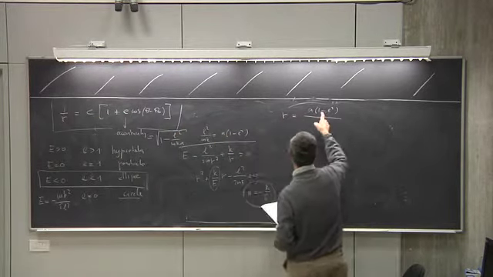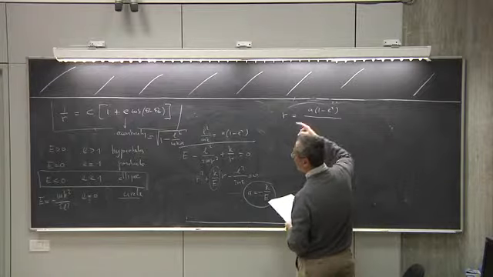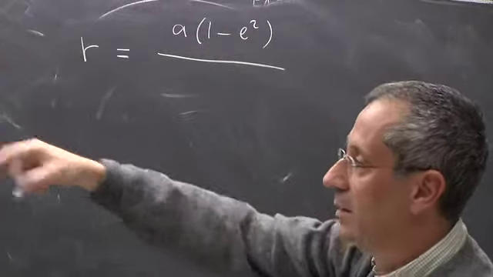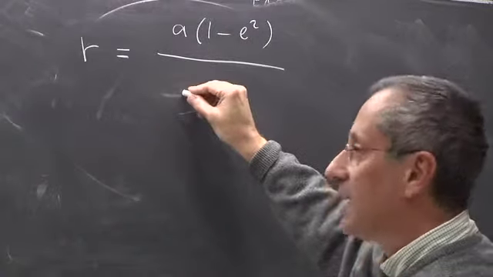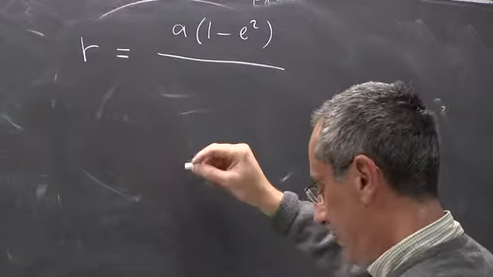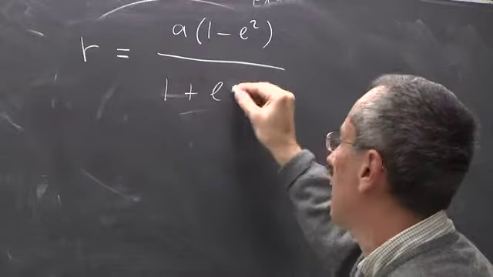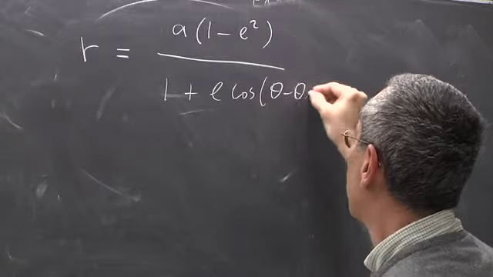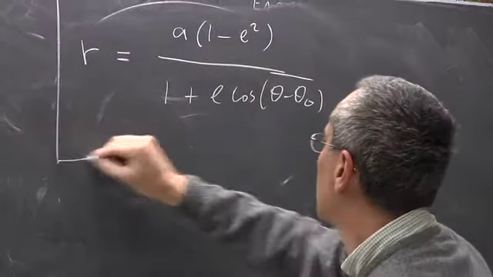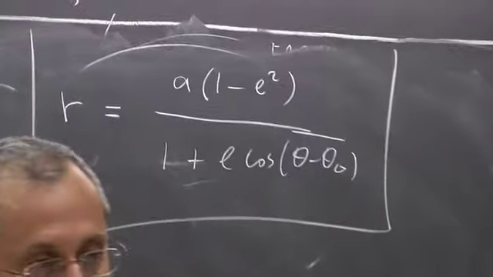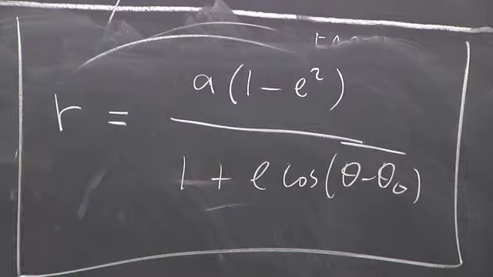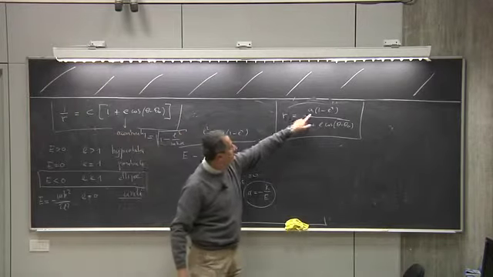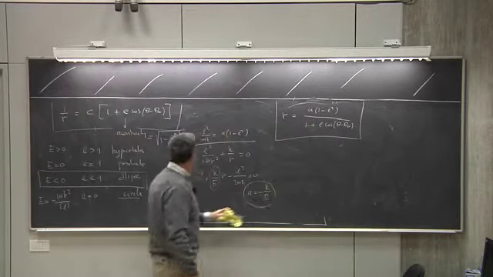So I rewrite C, well, 1 over C really is this, right? And then downstairs I have 1 plus e cosine of theta minus theta naught. Okay? So this is 1 over C.